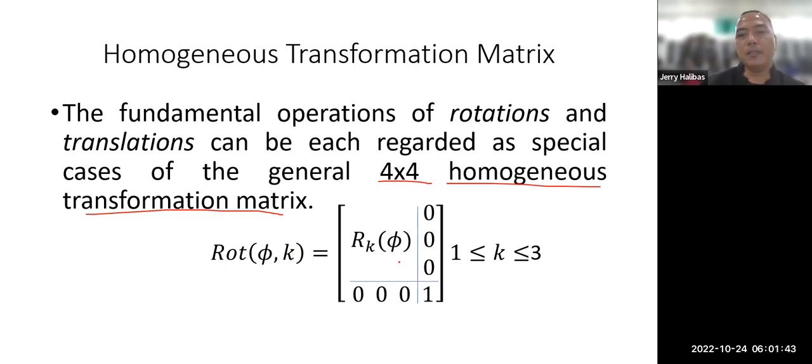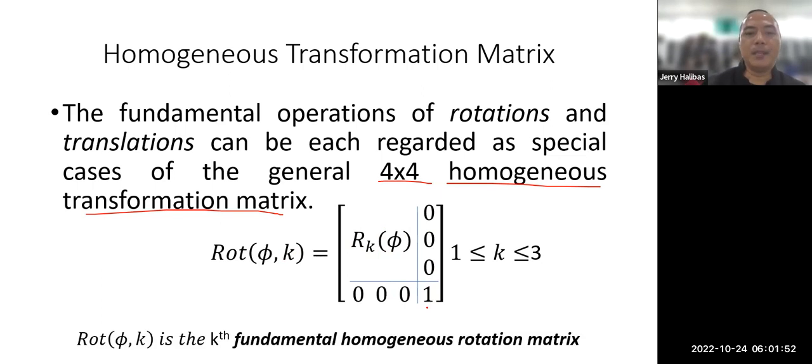Okay, so this is what is known as the fundamental homogeneous rotation matrix. Okay? So when you see the word homogeneous, it is 4x4, but for the fundamental rotation alone, it is 3x3.